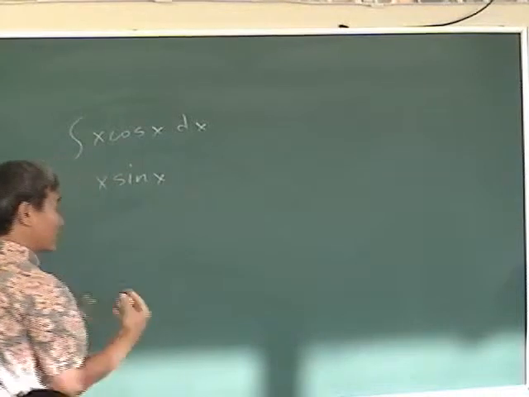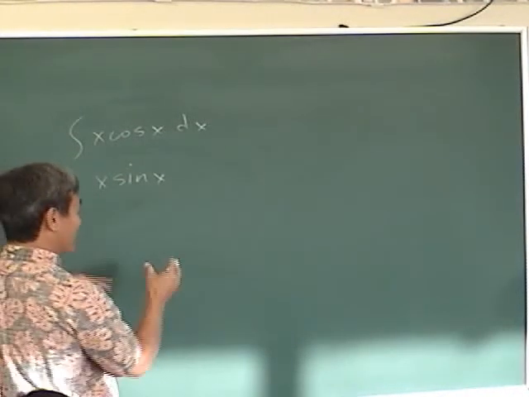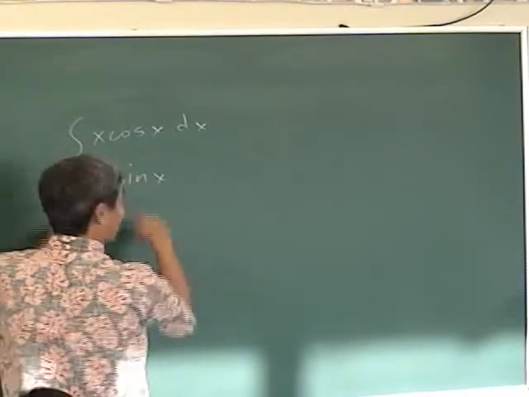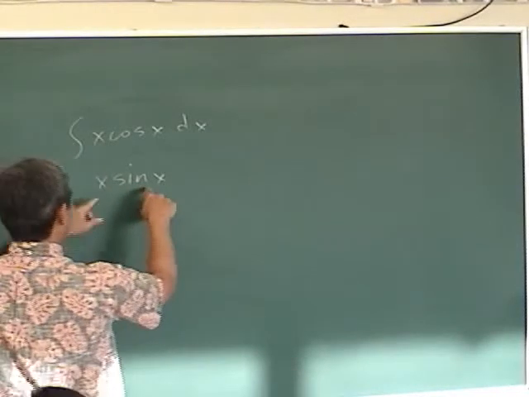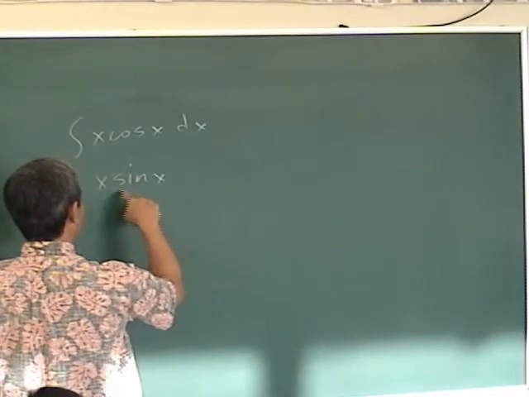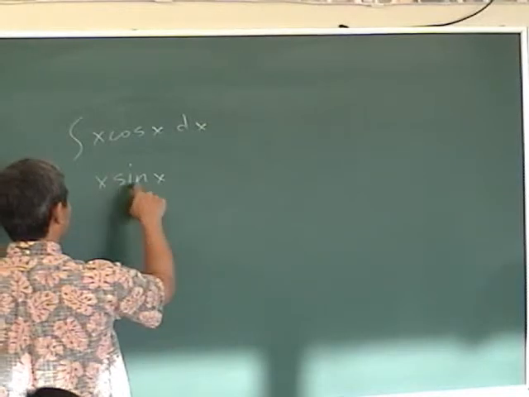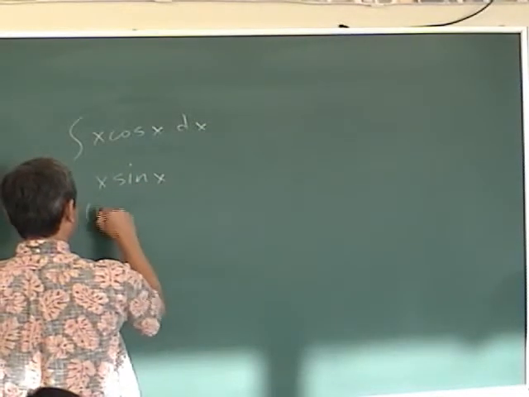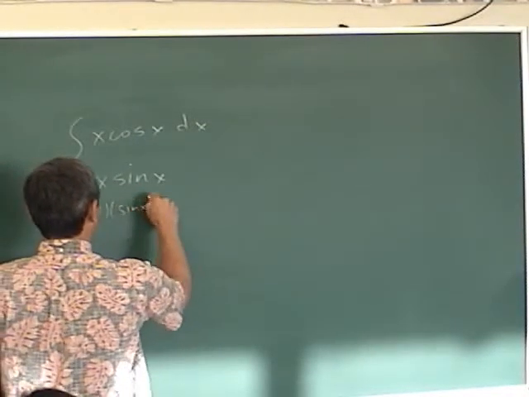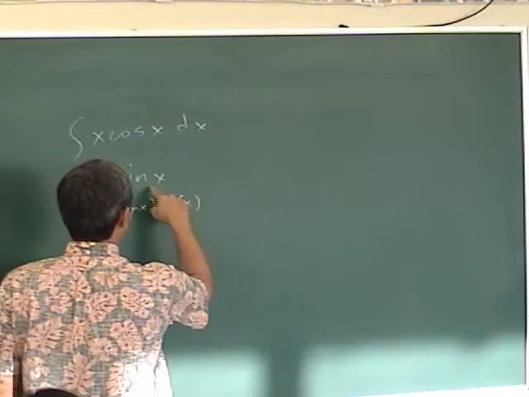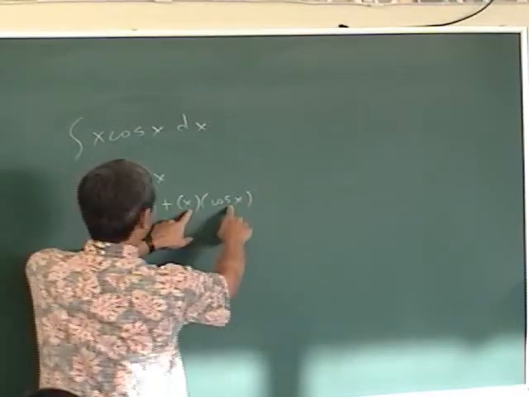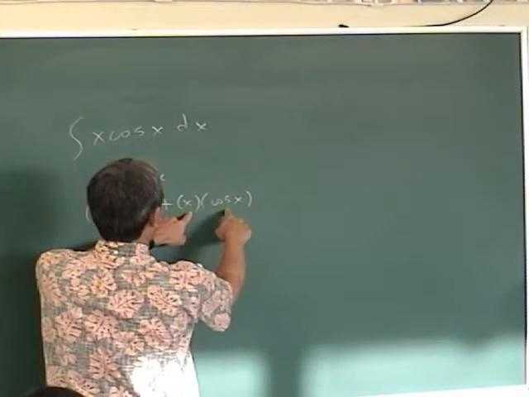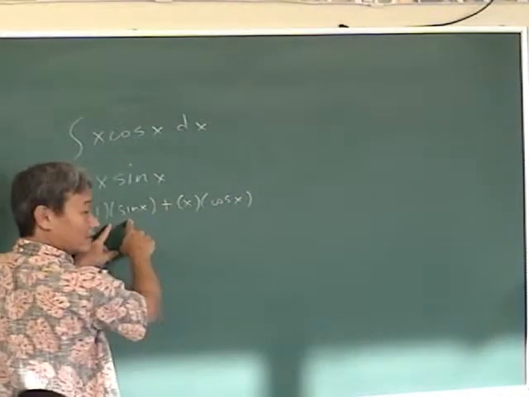What you're trying to find is the function so that when you take the derivative of it, you get that. That's what an antiderivative is. So let's try this. If I take the derivative of this, what do you get? Derivative of the first, leave the second one alone, plus leave the first one alone times the derivative of the second, which is cosine x. And hey, look, that thing is right there. So I just got to get rid of this then.